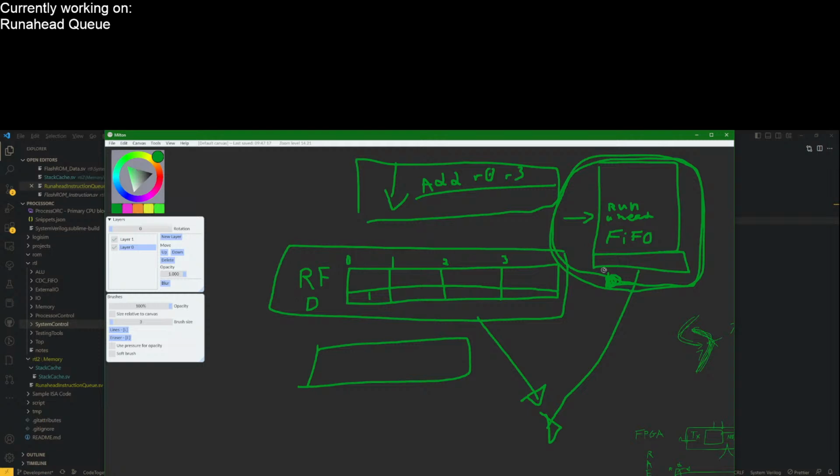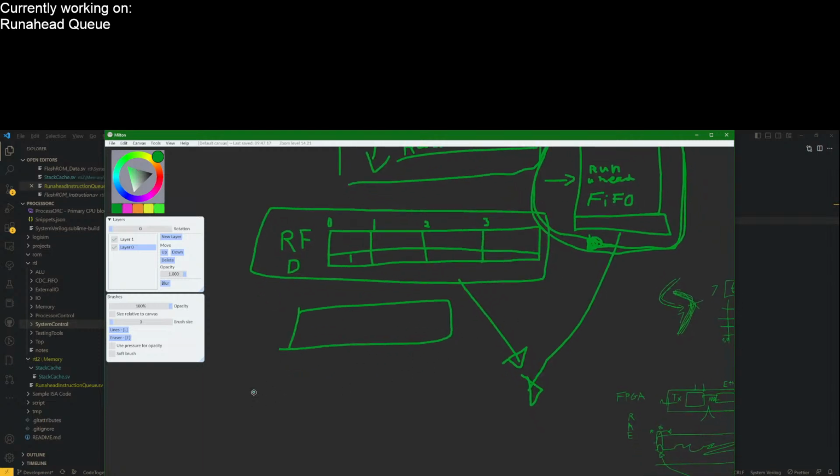So there's multiple ways to do this. The way I'm going to do this is in my queue, since I have an instruction right here that's 16 bits, I'm going to pad this out with 2 bits. So you have a 16-bit instruction.